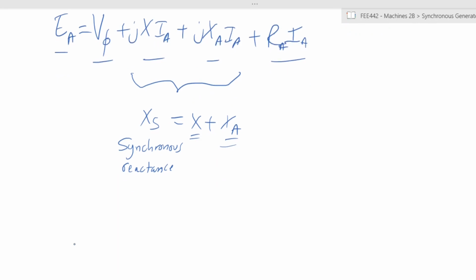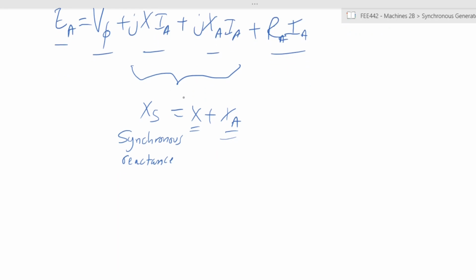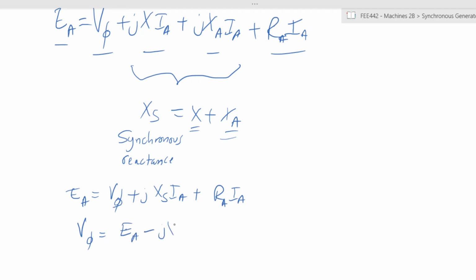So your final equation would look like EA equals V phi plus JXSIA plus RAIA. Or in other words, V phi is equal to EA minus JXSIA minus RAIA.